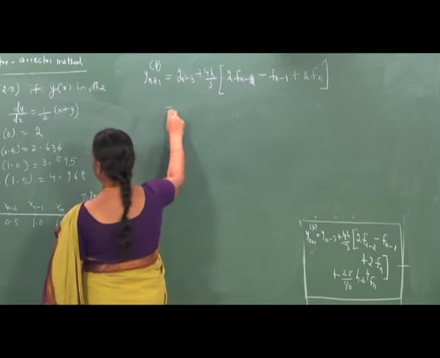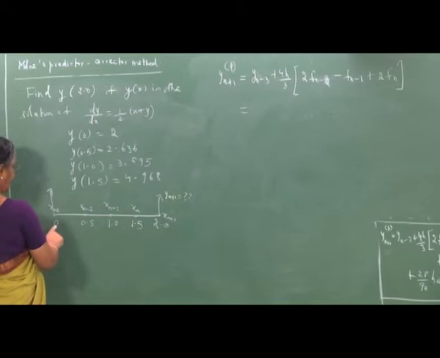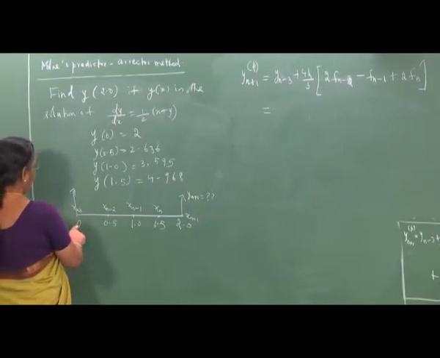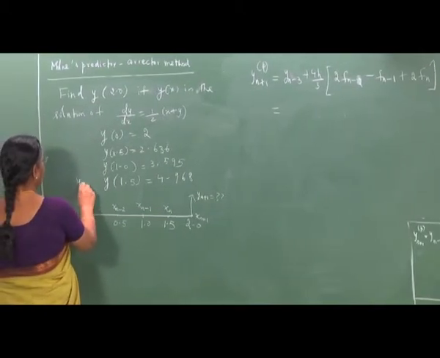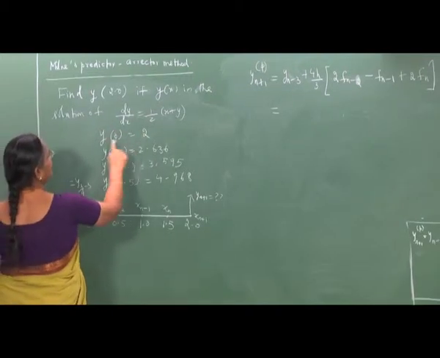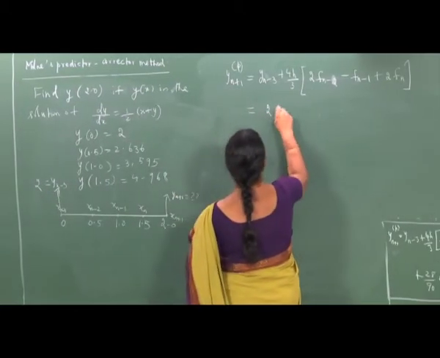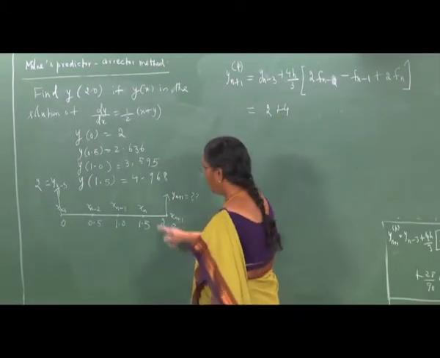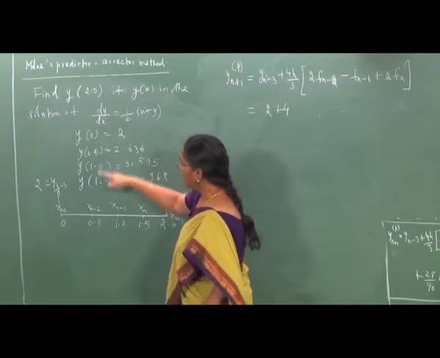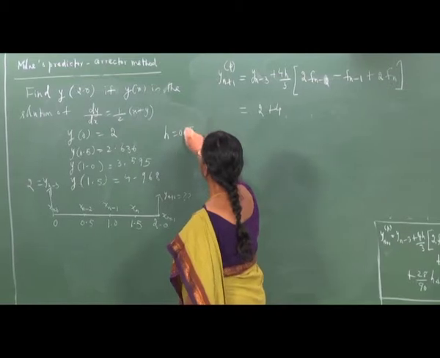What is yn minus 3? Yn minus 3 is the solution at 0. So, it is y naught which is required, and y naught is given to be 2. So, it is 2 plus 4 into what is h? The points are equally spaced and the step size is 0.5.